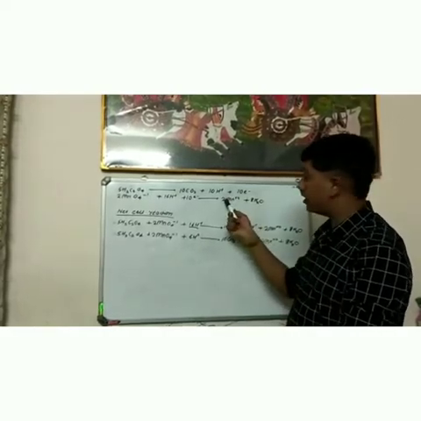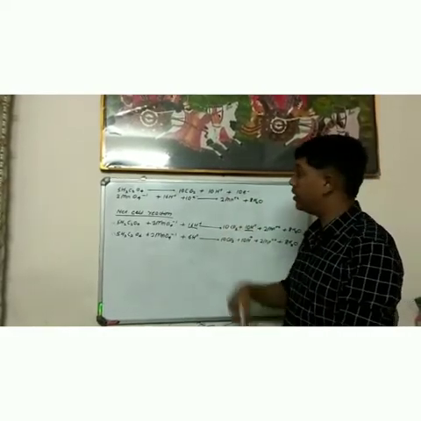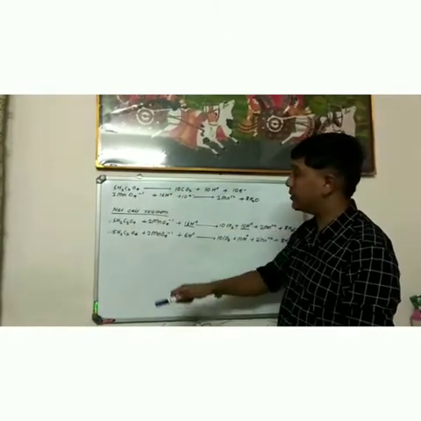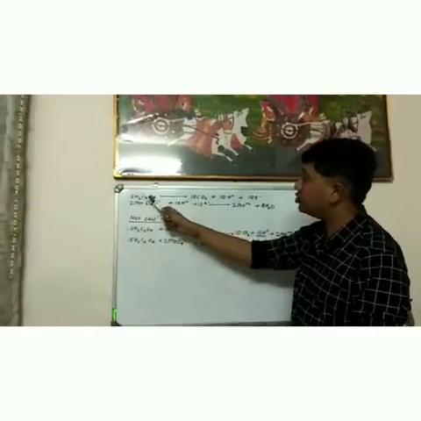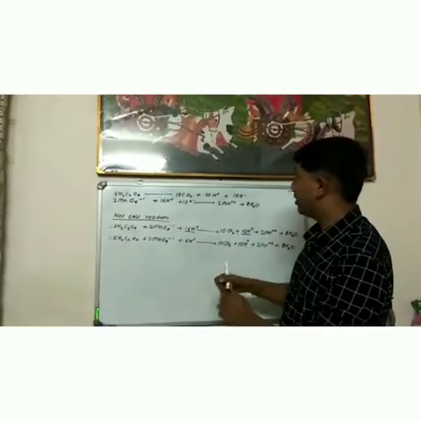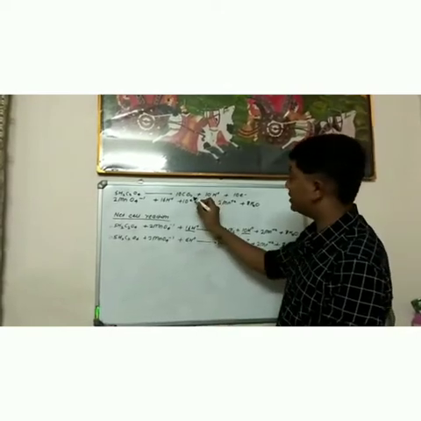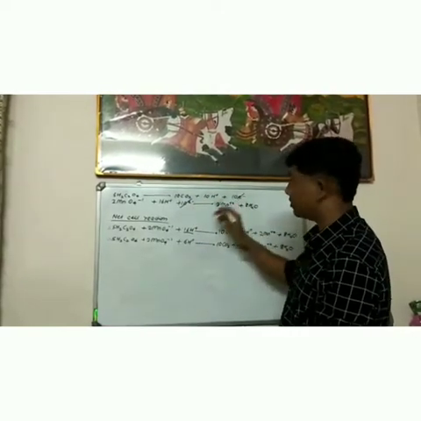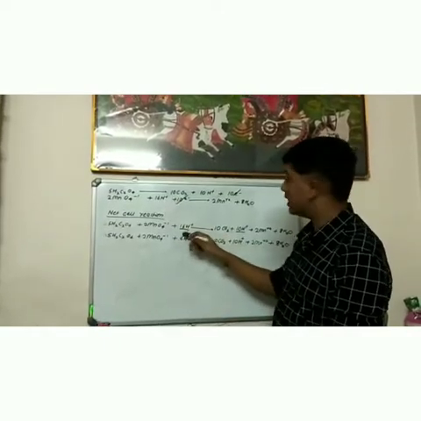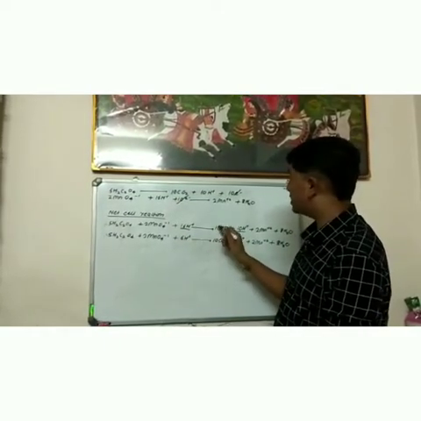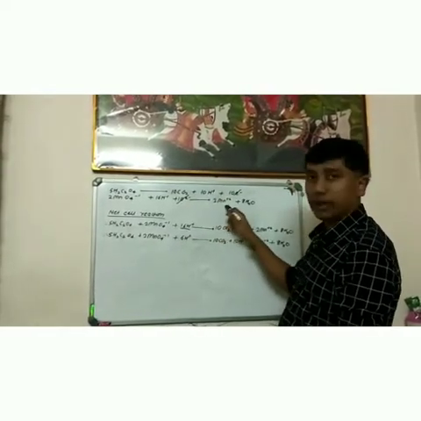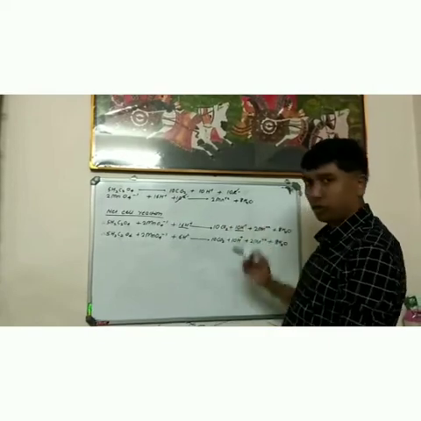This is what we have done in the last step. So the net cell reaction is nothing but the addition of this step and this step, that is 5 H2C2O4 plus 2 MnO4 minus 1. Here the 10 electrons and 10 electrons will get cancelled out. The 16 H plus stays as it is, and on the RHS it will come as 10 CO2 plus 10 H plus 2 Mn plus 2 plus 8 H2O.